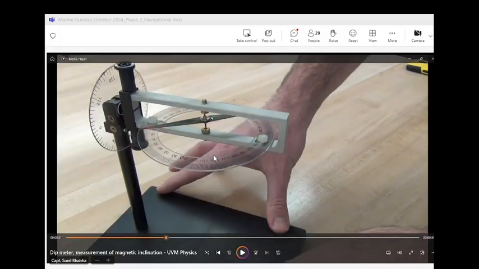Right, beta? Okay, sir. Now what they do is they align this needle to 000 and 180 marked on the circumference. So that's what they will do now. Let me stop the voice.